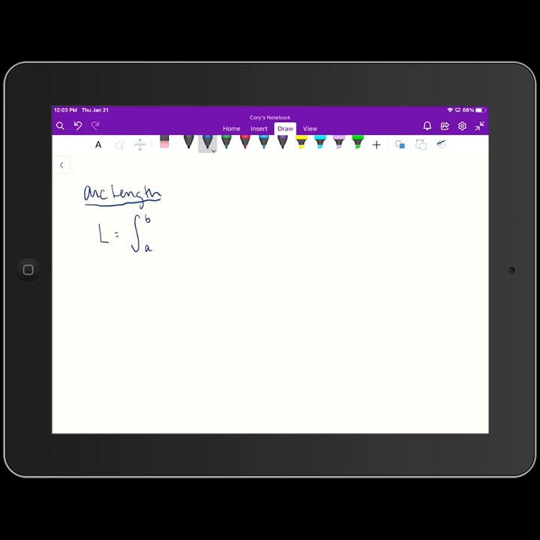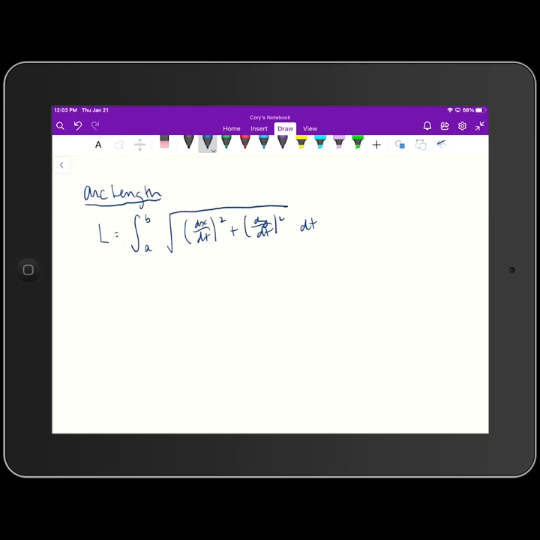And we said that arc length was the integral from a to b of the square root of dx dt squared plus dy over dt squared, which we are integrating with respect to t.